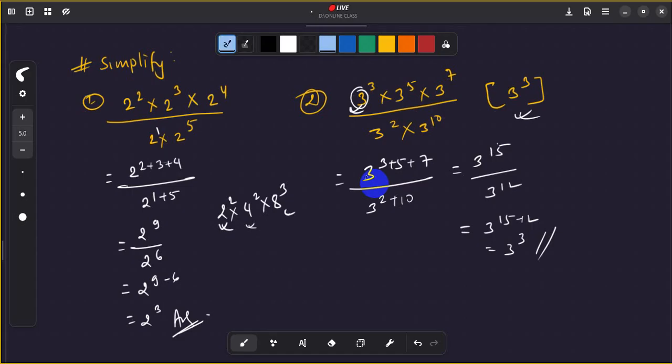This 4 and 8 must be expressed in powers of 2 to simplify it. This 4 can be written as 2 square and 8 can be written as 2 cube. So this type of bigger values must be expressed as powers of the smaller term, and only then should we simplify it by using the laws of indices.